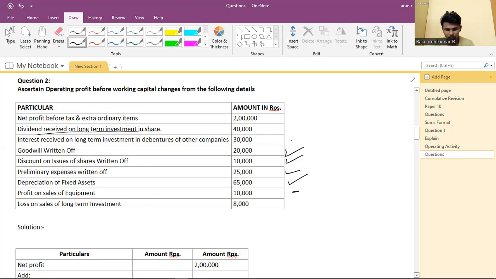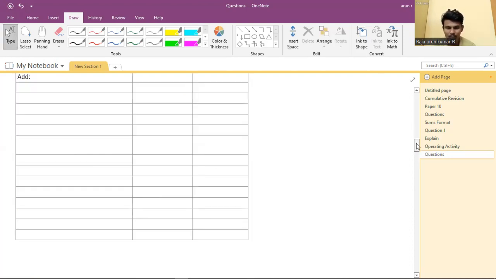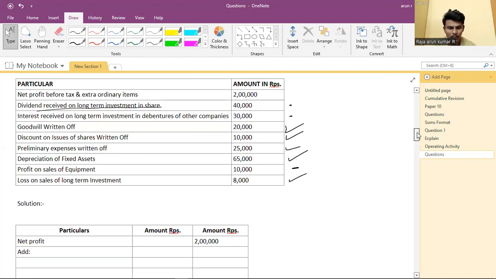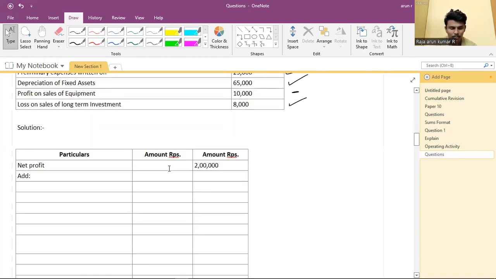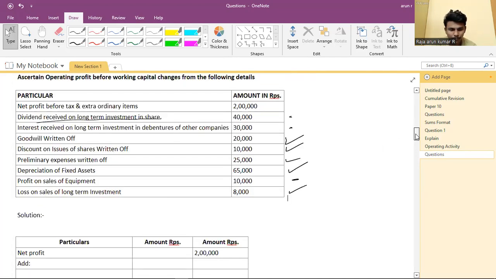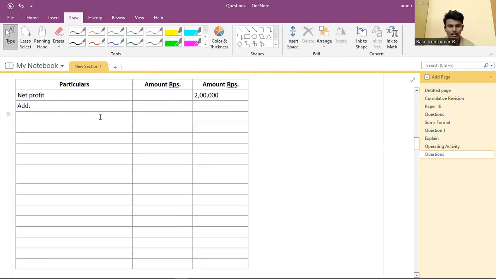This also less it. This also less it. Then last but not least, losses, again add it. Okay, come to the sum. If you mark like this, you can answer easily. What are the things to add? Goodwill written off. First, what is there? Yes, goodwill written off.